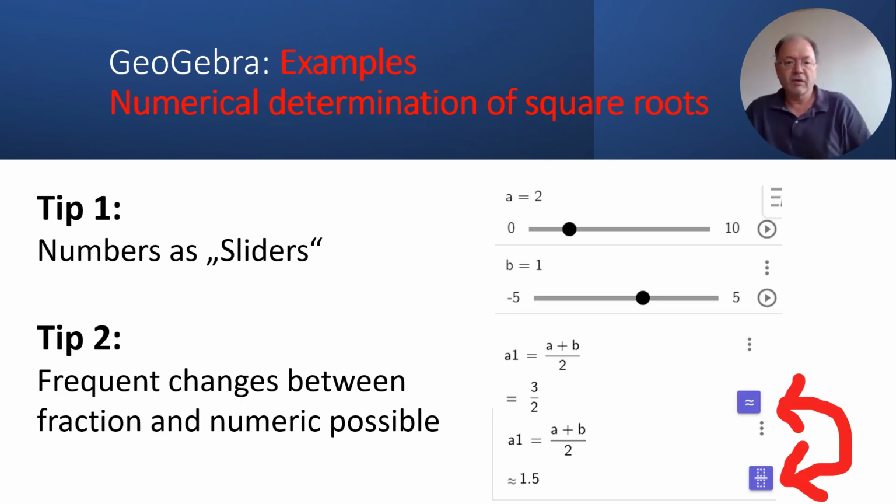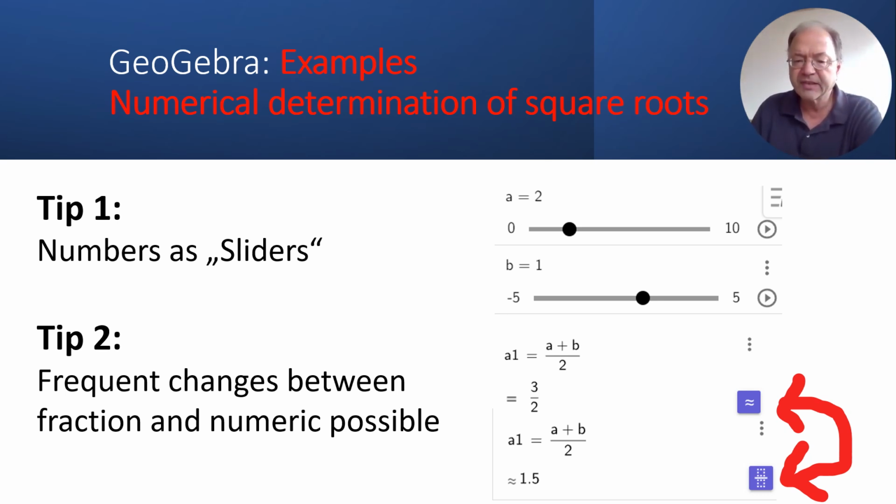Okay, so I told you about the sliders. You get them offered from GeoGebra for free. You can use them or ignore as needed. Another interesting thing is here it does a calculation in fractions, but sometimes I need a numeric value to compare values.